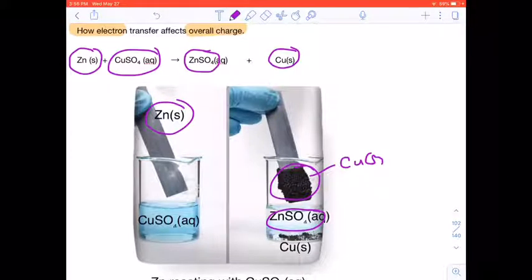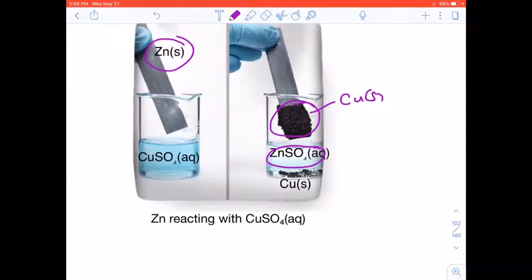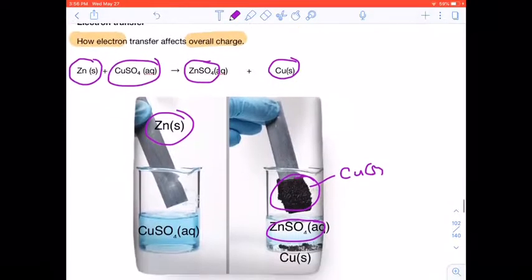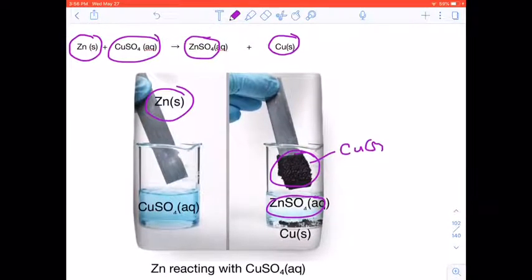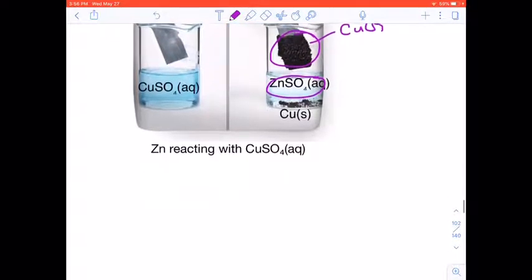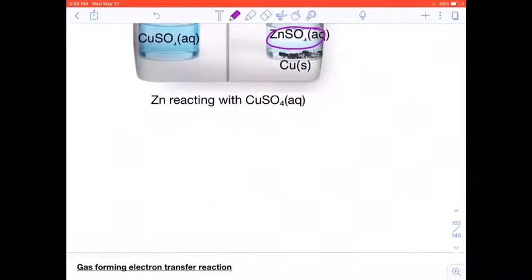That means it's now an ionic substance, and it's an electrolyte, and you find that copper in this copper sulfate, which had a 2 plus charge, has now become a neutral species. That is our molecular formula. So let's look at the ionic formula.